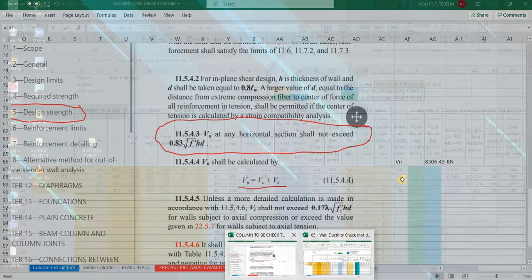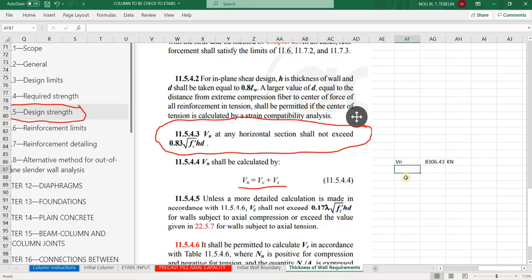So I have this value Vu, 3167. Okay, so I have Vn and I have Vu.